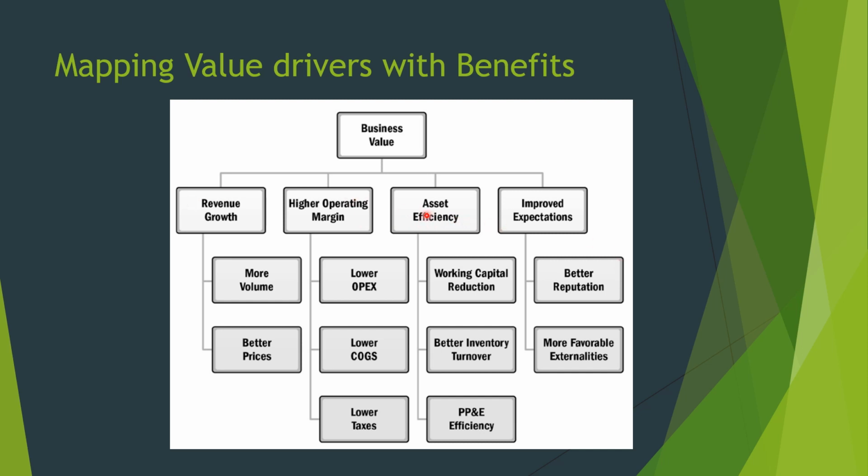All these are BRM benefits, and the value drivers for revenue growth are more volume and better prices, right? For higher operating margin, the value drivers are lower OPEX, lower COGS, lower taxes. For improved expectation, it is better reputation and more favorable externalities. So that's how we can map your value drivers and benefits.